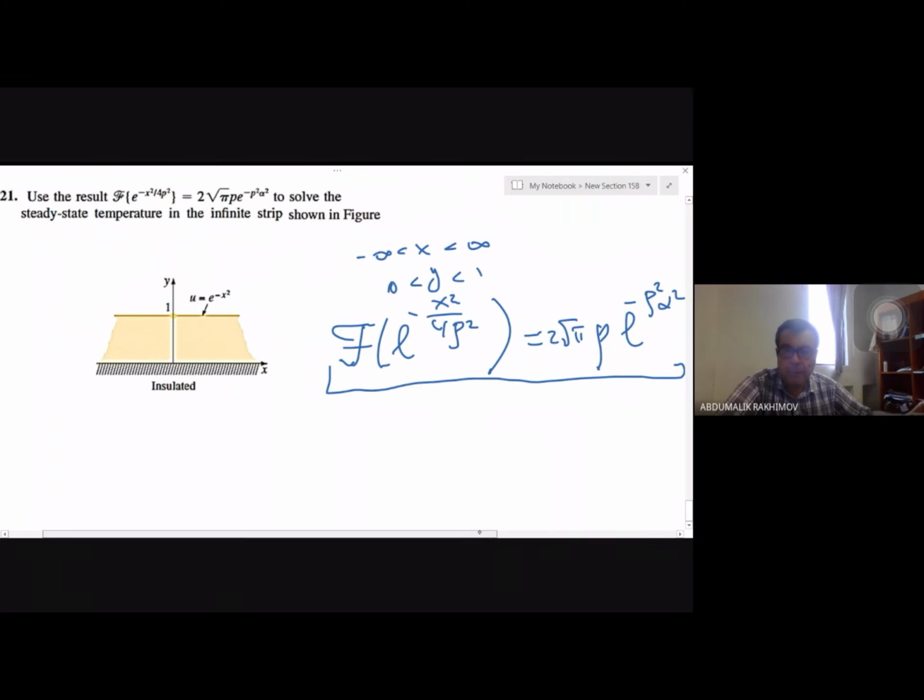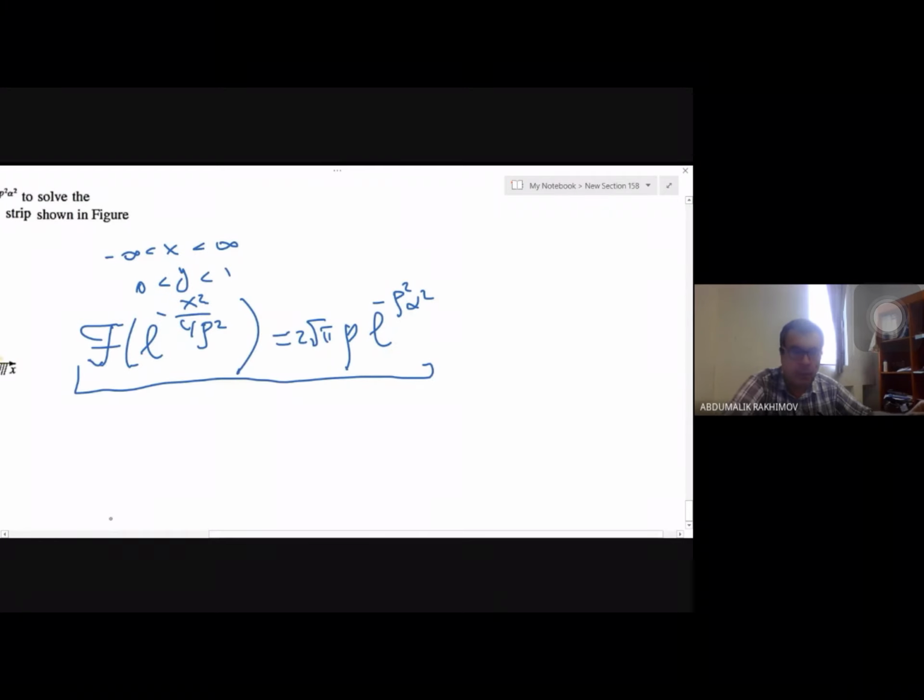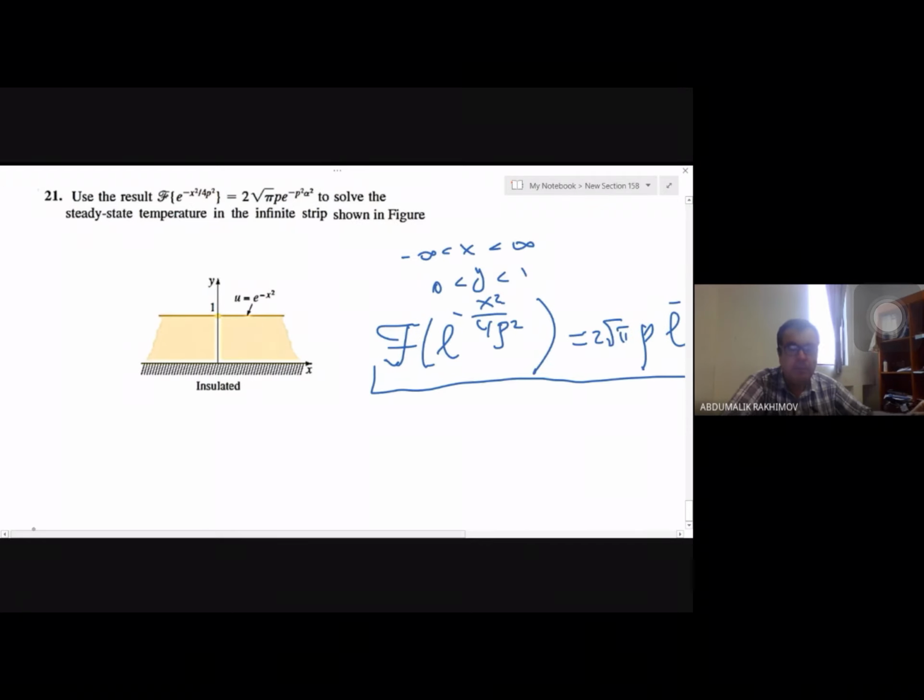Let me first write the mathematical model of this problem. Let's first write the mathematical model.